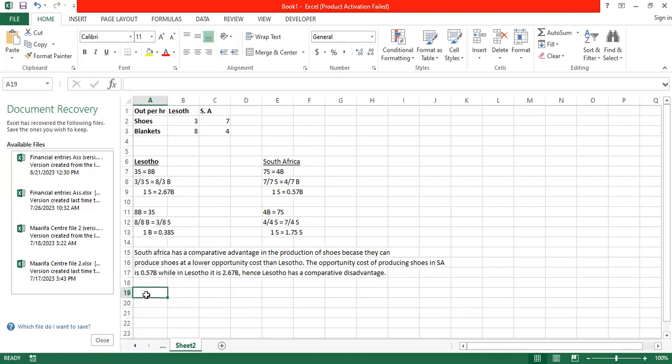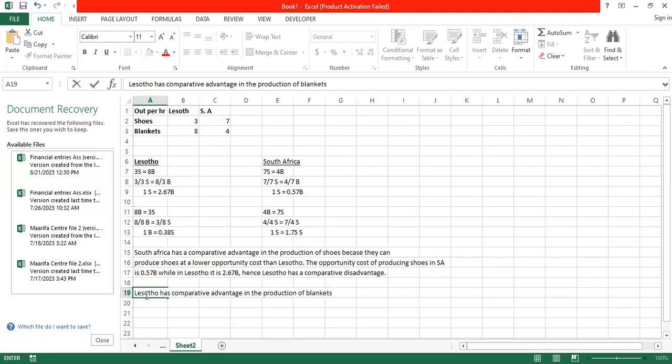Right. Then on the other one, we are starting with Lesotho now. We are dealing with Lesotho. Lesotho has a comparative advantage. Now it's an advantage in the what? In the production of blankets. Let me phrase it the way I said it.